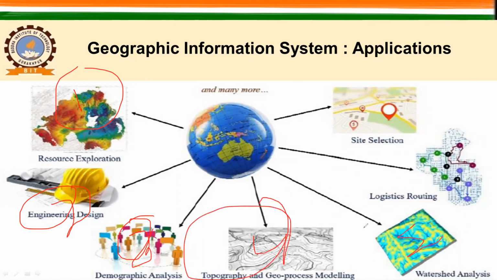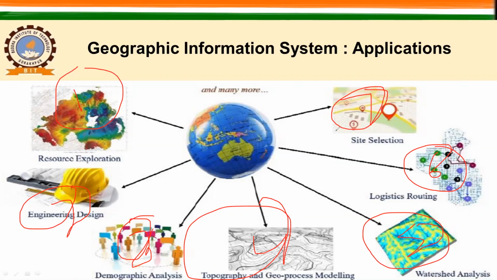Watershed analysis, the fifth one. Logistic routing is the sixth one, and site selection is the seventh one, and many more, because the list is very long and all the applications cannot be listed here, because the application of GIS nowadays is in all domains.